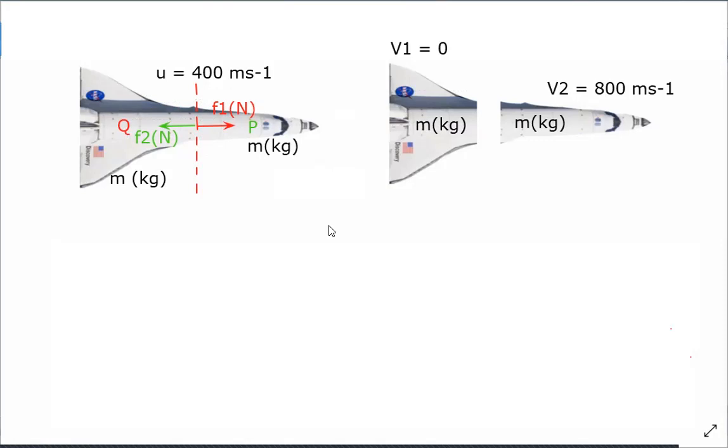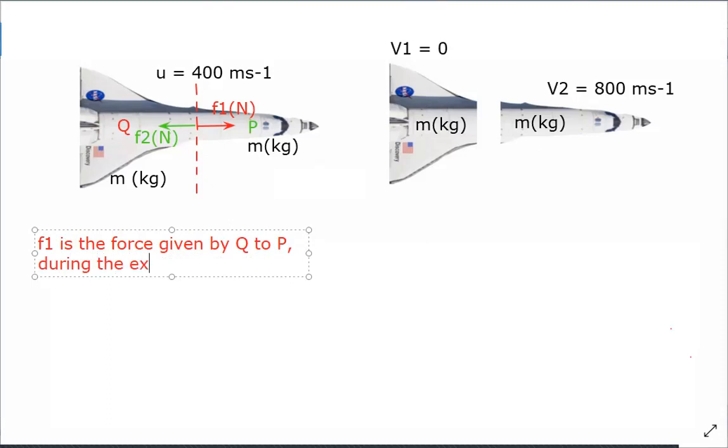Right. So who gives this F1 force here? I use red color for F1. You can understand. F1 is the force given by Q to P during the explosion.